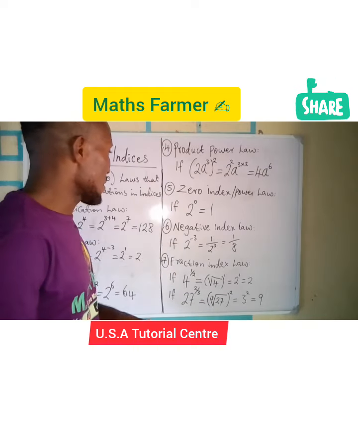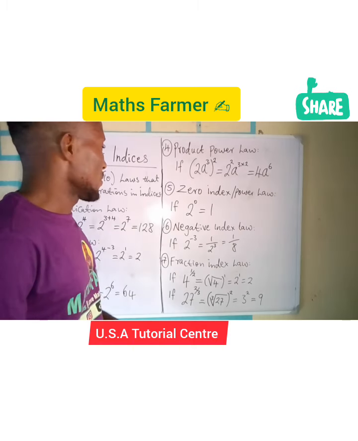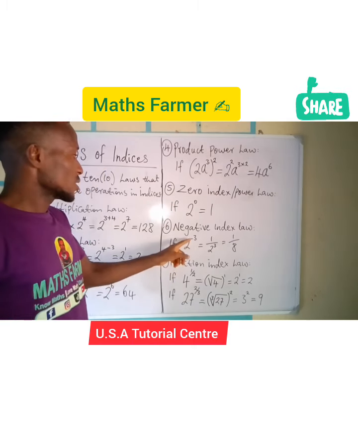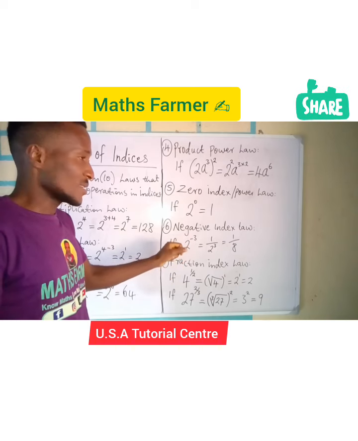Then the sixth one here, the negative index law. If we have 2 raised to the power of minus 3, you can see the minus as the power, as in the index there.